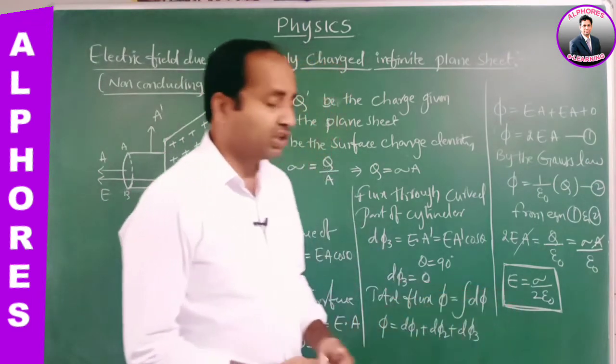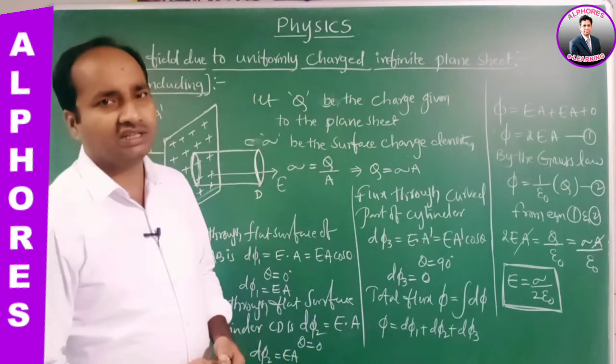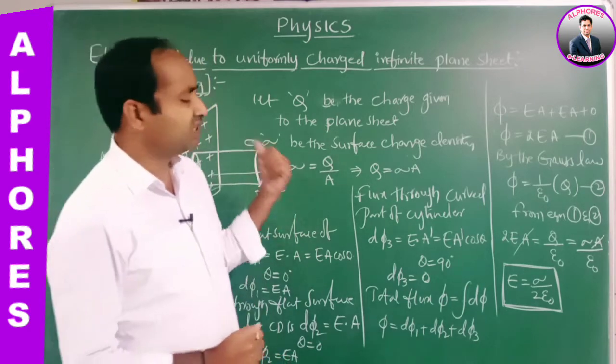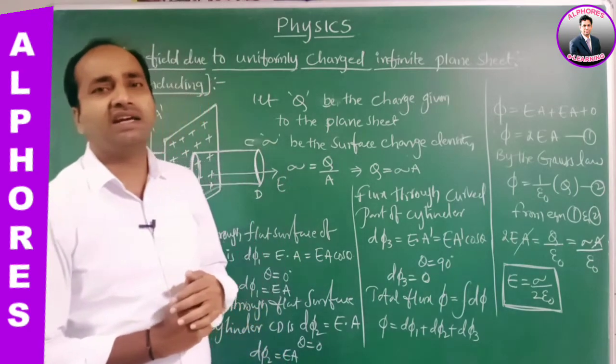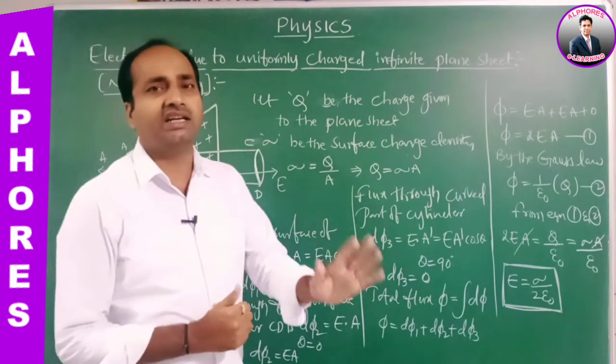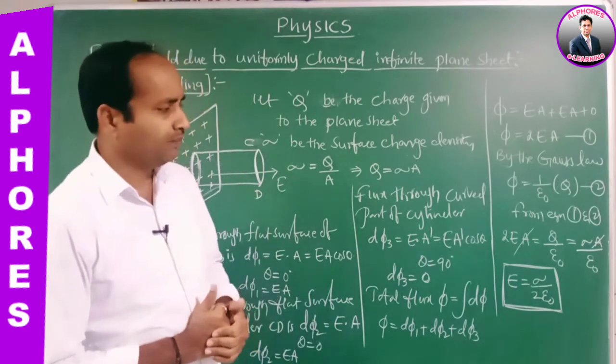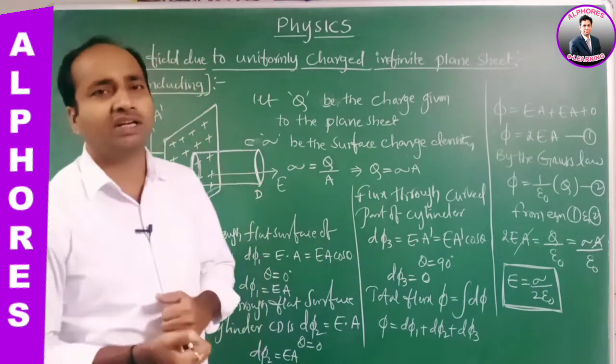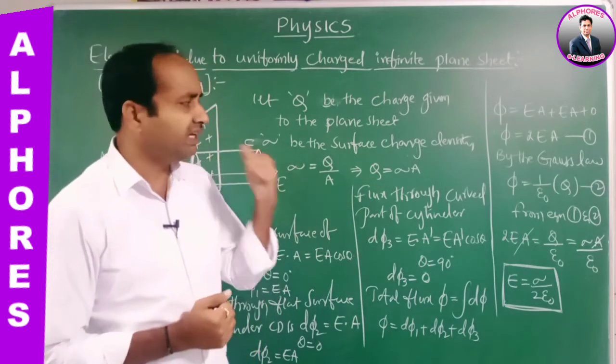Sigma is the surface charge density. If sigma is positive, the direction of the electric field is radially outwards from the plate. If sigma is negative, the direction of the electric field is radially inwards.